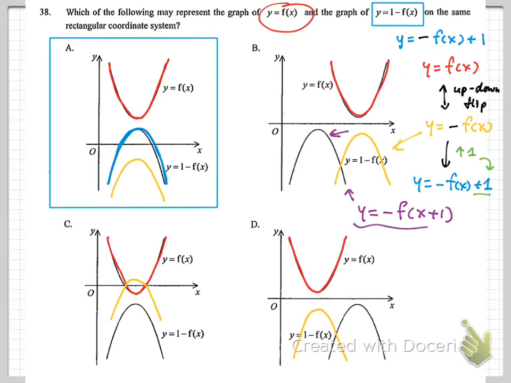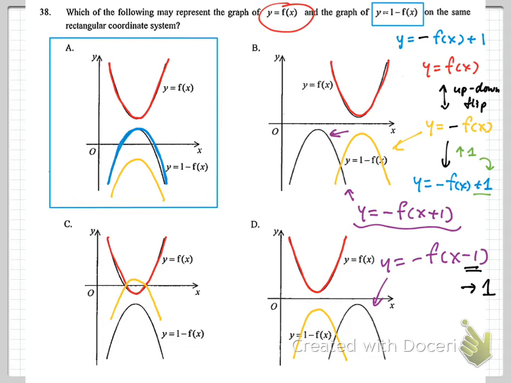So this is most likely the answer in B, minus f(x plus 1). Similarly, for D, that would be minus f(x minus 1). You do an up-down flip, and then you move to the right-hand side by 1 unit. This minus 1 is moving to the right-hand side by 1 unit.